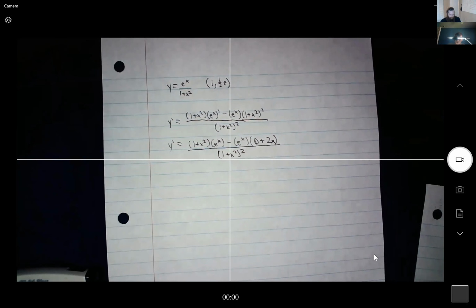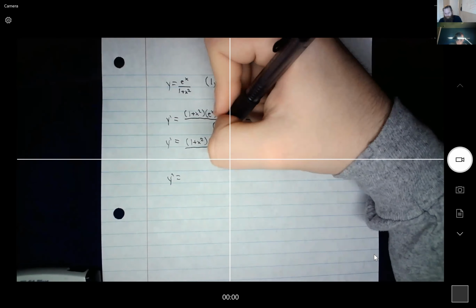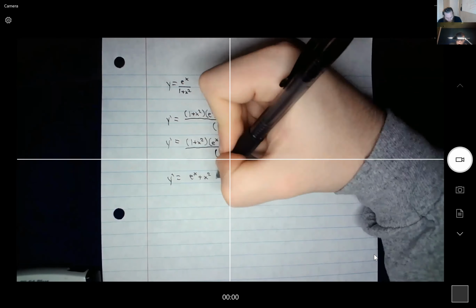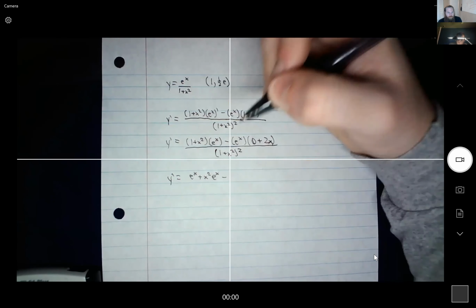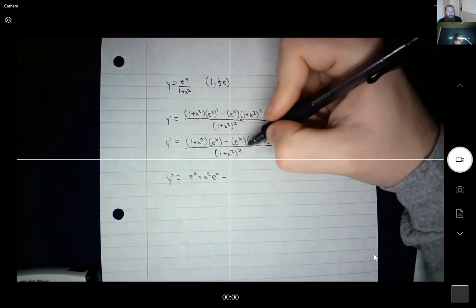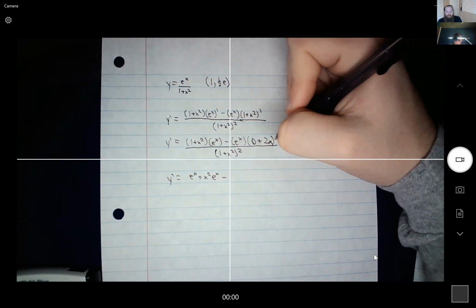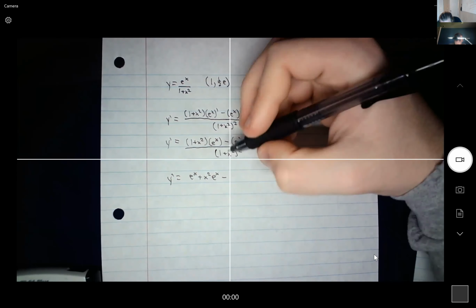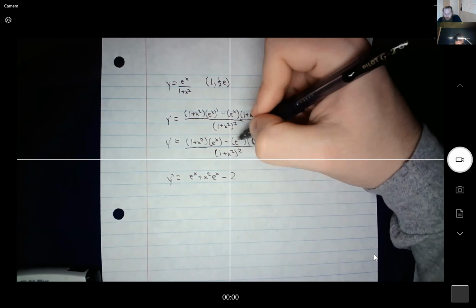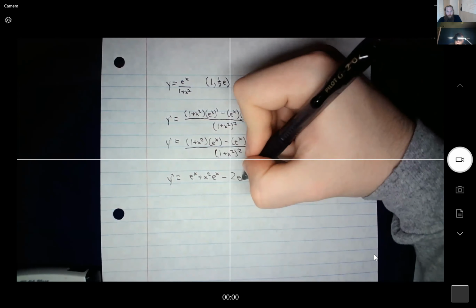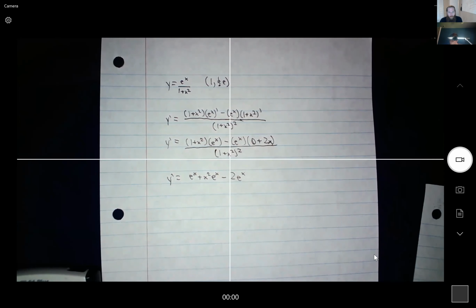And from there, we can multiply. So e to the x times 1 is e to the x. E to the x times x squared equals x squared e to the x minus 2x e to the x, since it's being subtracted.